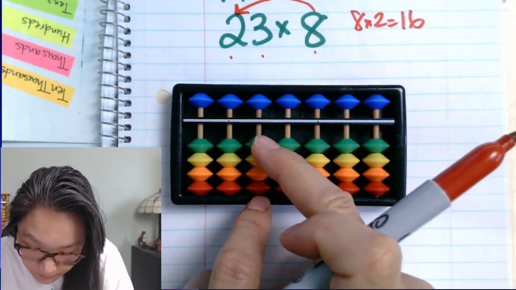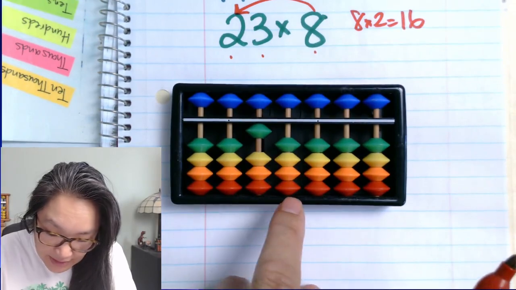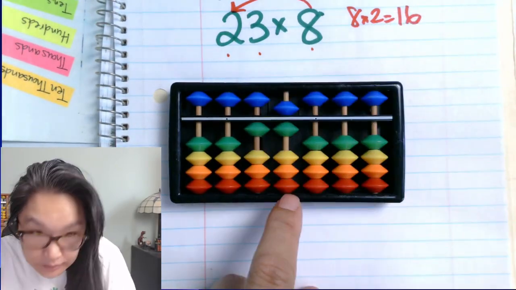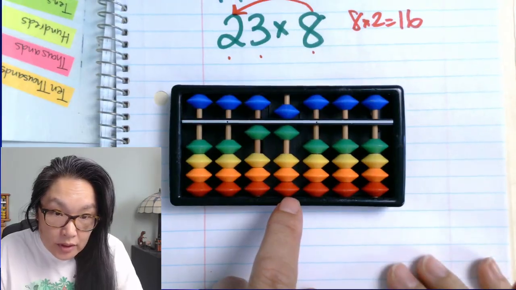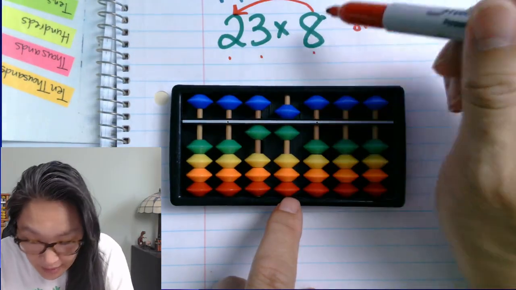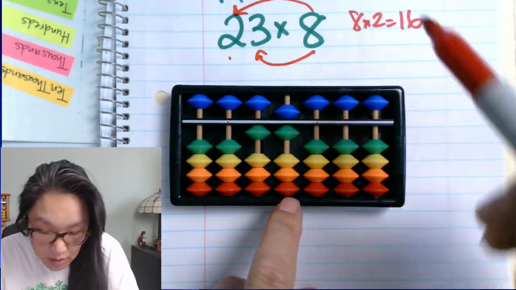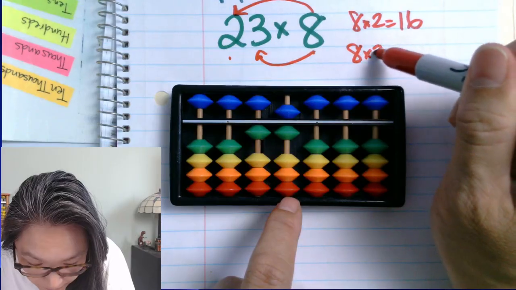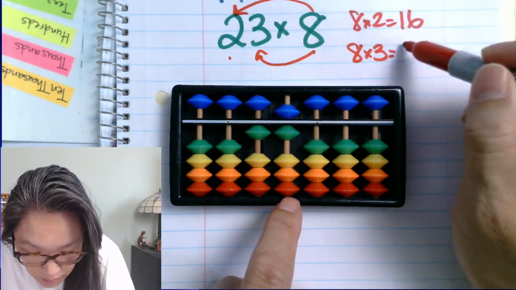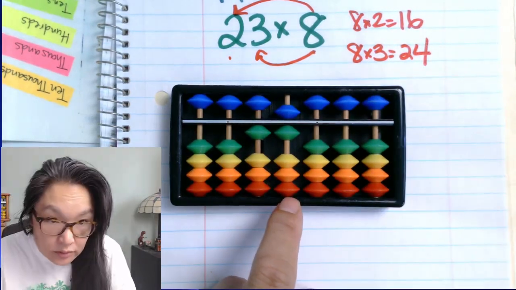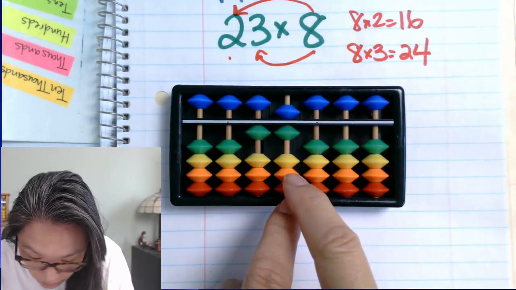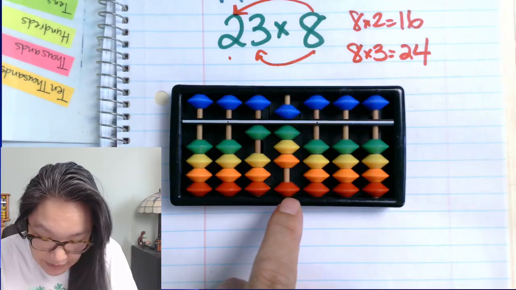I add 1, and then I add my 6. That's all I'm doing. Then all I've got to do is 8 times 3, which is equal to 24. So I add my 2, and then I add my 4.